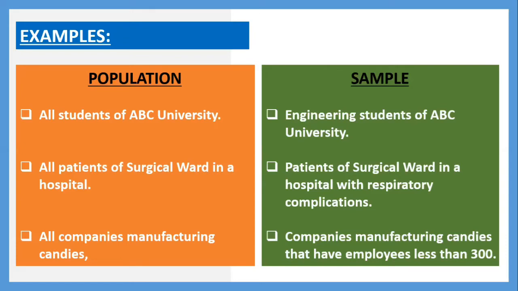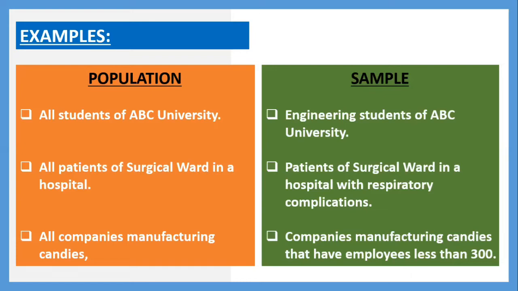Okay, another example would be all patients of surgical ward in a hospital. And on the sample example, patients of surgical ward in a hospital with respiratory complications. So out of all the patients in the surgical ward, you actually categorize the illness of the patient.